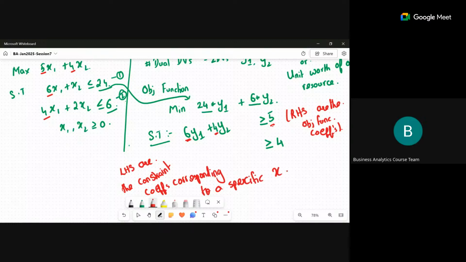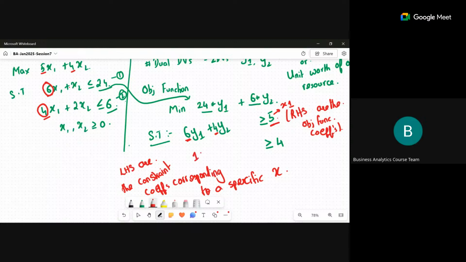What do I mean? So if I put 5 here, which is corresponding to x1, the decision variables y1, y2, y3, whatever, will be taking the corresponding coefficients of x1 from each of the other equations. So 6y1 plus 4y2 must be greater than or equal to 5. Then 1x1, 2x2.